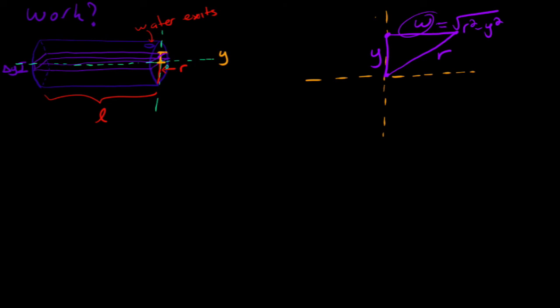So the entire width of the rectangle would be twice what w is. So twice this much. Okay, so then my next task is to find the volume of the slab.